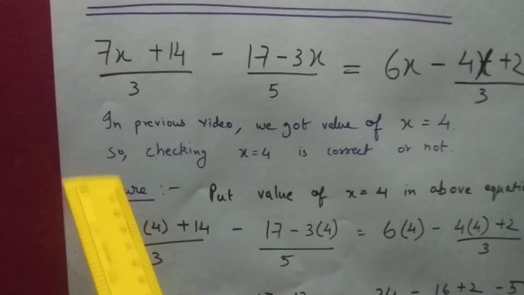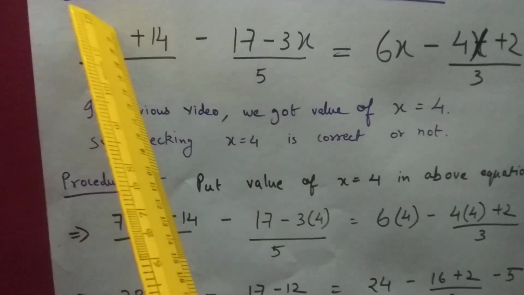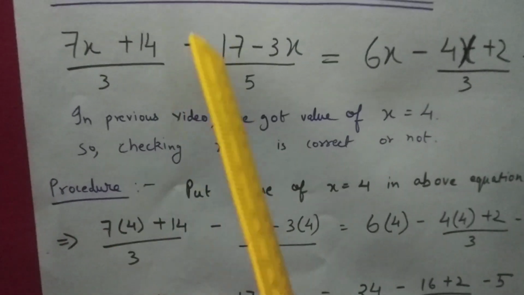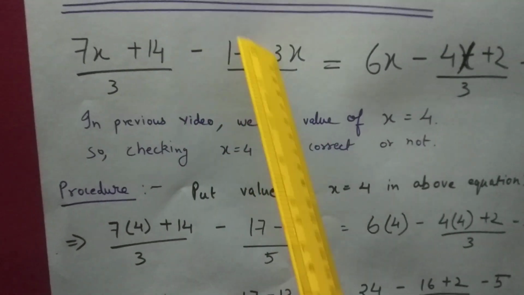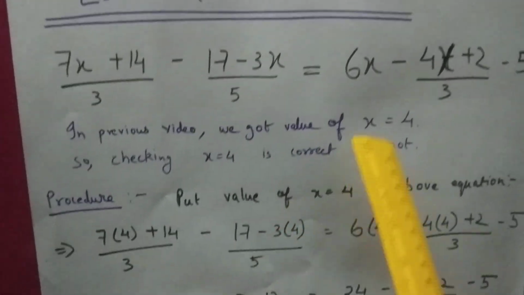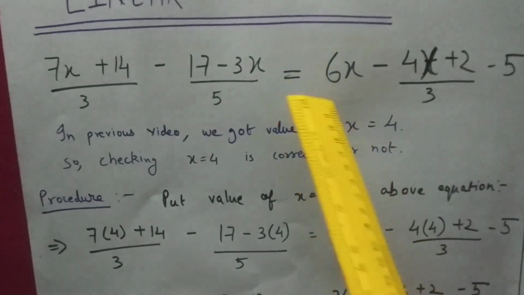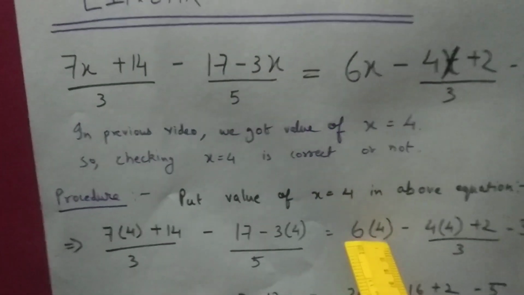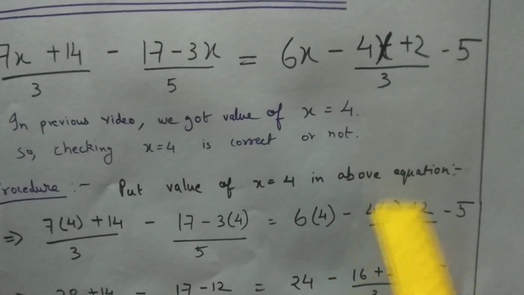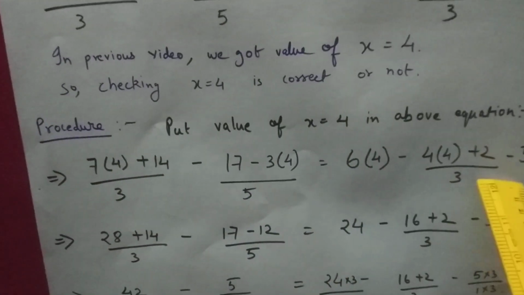Wherever the value of x is there, instead of x we have put 4 in each and every term. You can check here, 3 has x, so in place of x we have put 4. In the right hand side of this equation, 6x becomes 6 into 4, 4x becomes 4 into 4 plus 2, and like this. So we have put the value of x here.